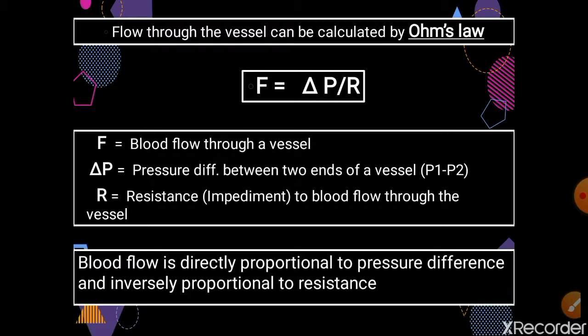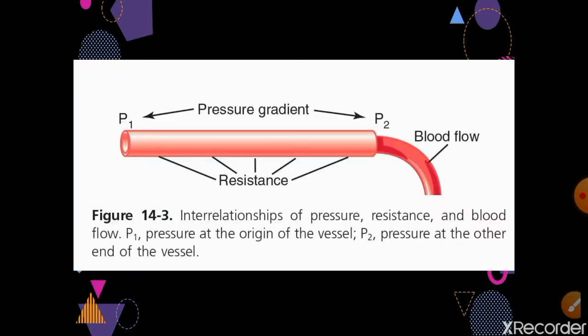As you can see from this formula, blood flow is directly proportional to the pressure difference and inversely proportional to the resistance faced by the blood while flowing through the vessel. This is the figure showing the pressure gradient at the two ends of a blood vessel.